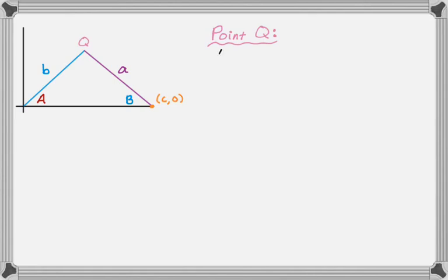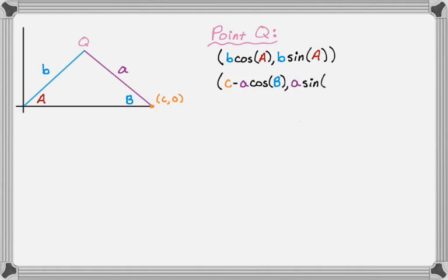First using the left-hand right triangle, where we got b cosine of A, whatever A is, and then b sine of A. And then we used the right-hand triangle along with that line segment C, and we ended up with the x-coordinate of Q can also be written as C minus A cosine of B, and then the y-coordinate is A sine of B, which is just more direct.